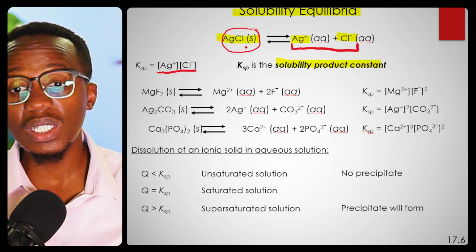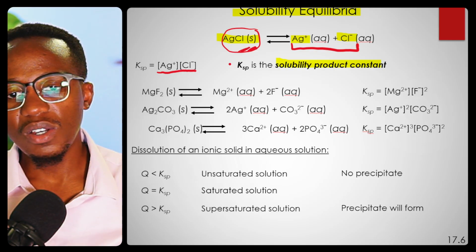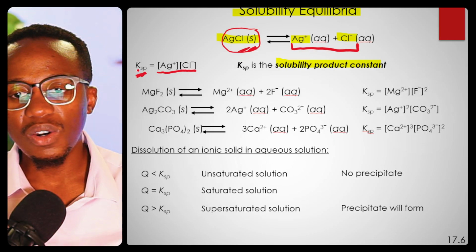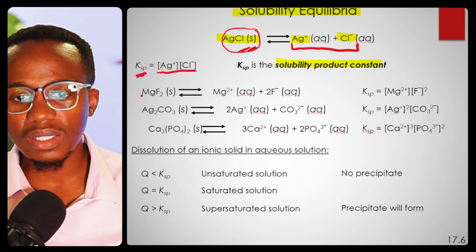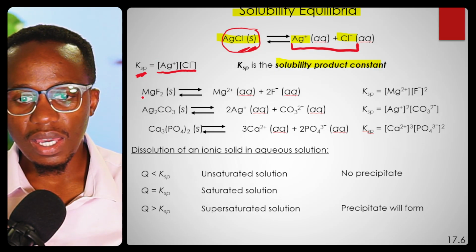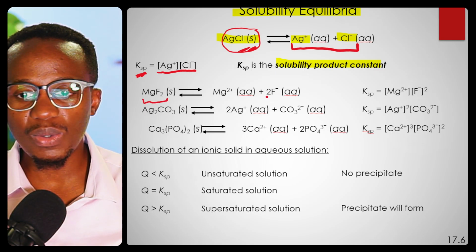We don't include the original because it's solid. So when it comes to Ksp, or the solubility product constant, we only use the products. So these are examples. Look, MgF2 becomes Mg2+ plus 2F minus.